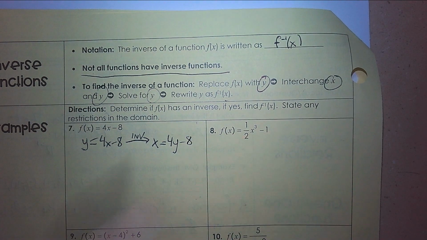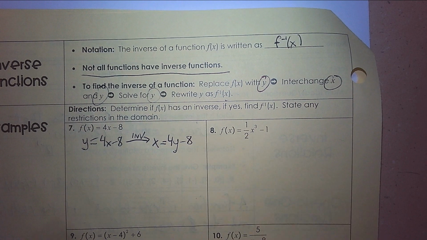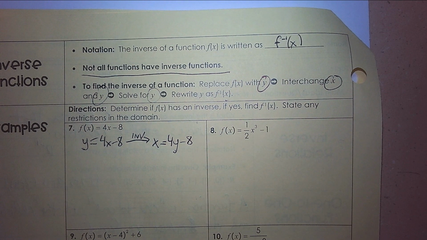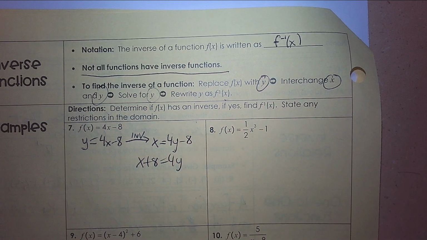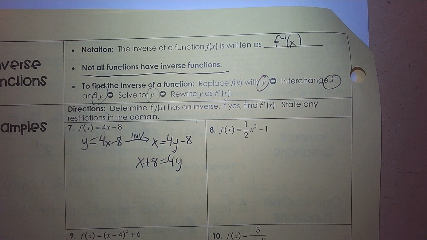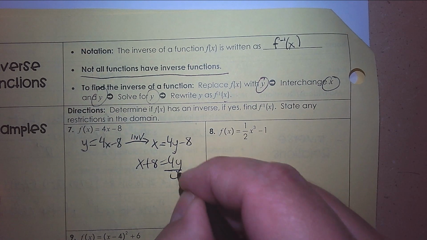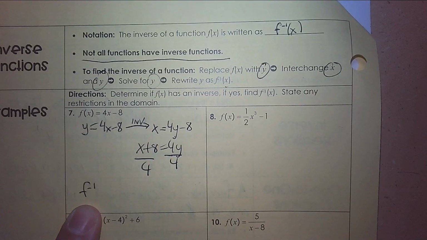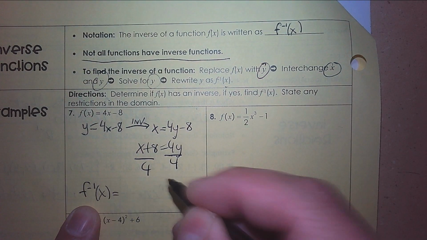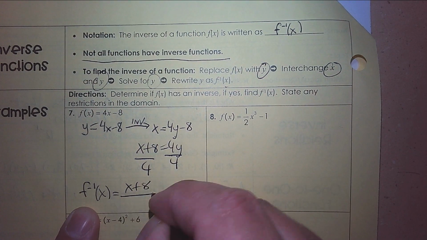How do I get y by itself? I do the inverse of what I see. What's the inverse of subtracting 8? That would be to add 8. What's the inverse of multiplying times 4? Dividing by 4. And then what's the symbol for inverse? That little negative 1. And it's x plus 8 divided by 4.